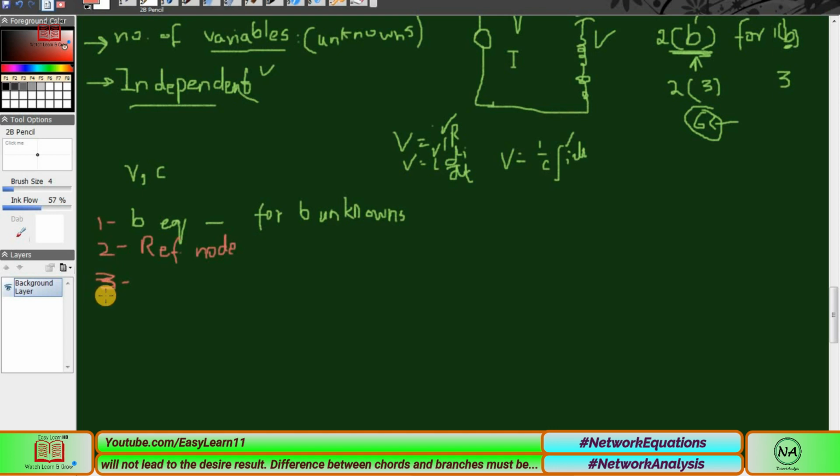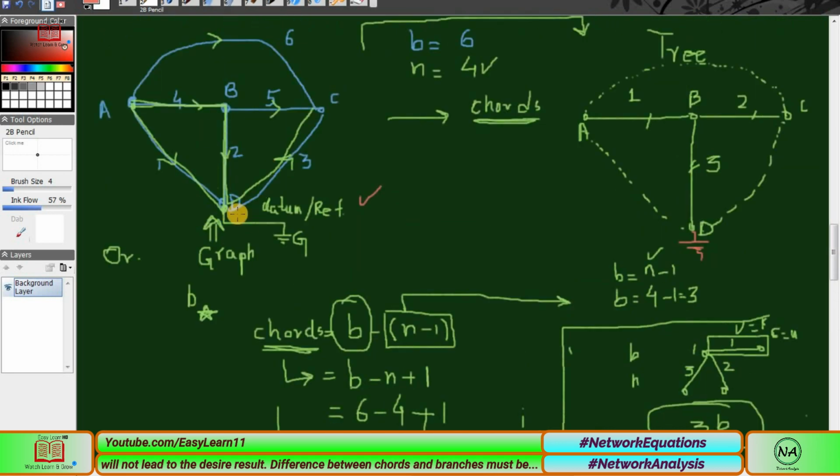Now we need to write step number 3. What is step number 3 here? That is for the remaining nodes. First we need to select a datum node, and then for the remaining nodes. Here this node is the datum node, but you can see there are a total of 4 nodes, and one is dedicated for reference purposes.